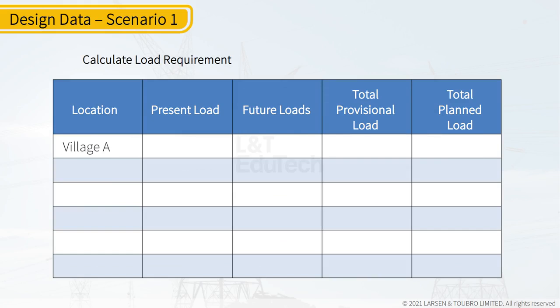For village A, present calculated load is 380 kVA, future load is 700 kVA, total provisional load is 1080 kVA and planned load is 1250 kVA.